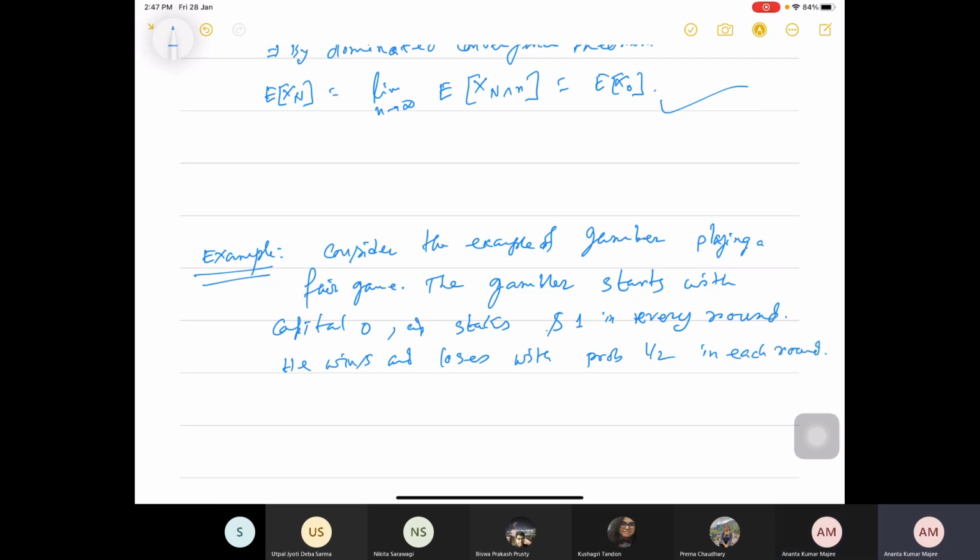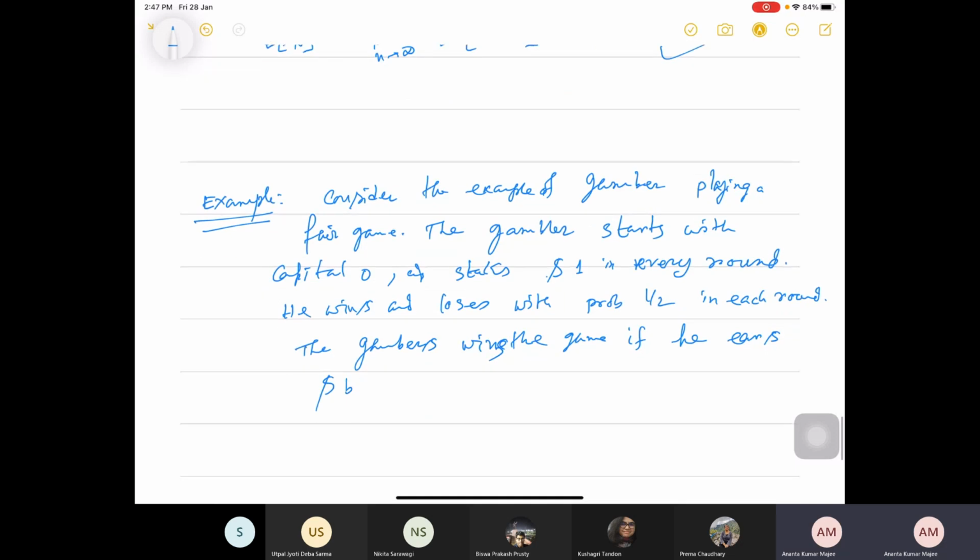So the gambler wins the game if he or she earns say $B, and is ruined or lost if he loses say $A.